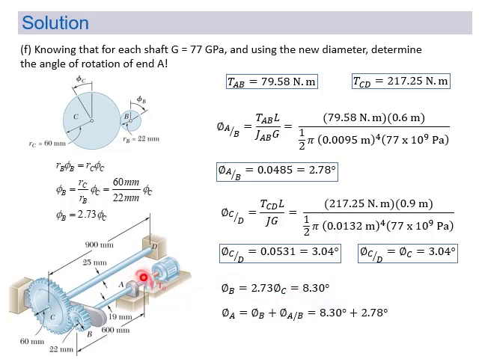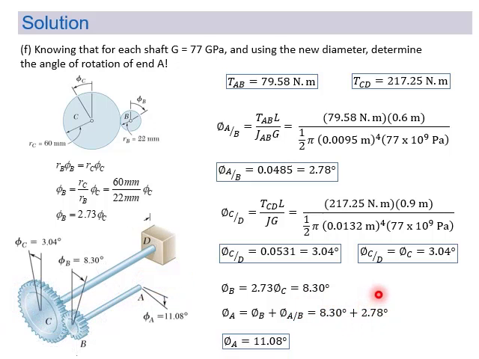Finally, the rotation angle at A is defined by this: the rotation angle of gear B itself plus the twisting angle of shaft AB. So the total is 11.08 degree.